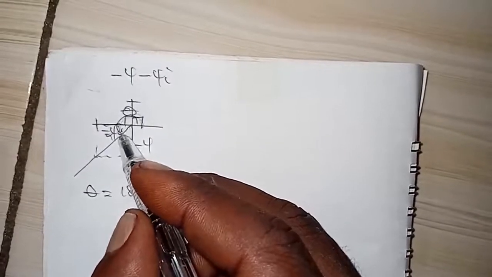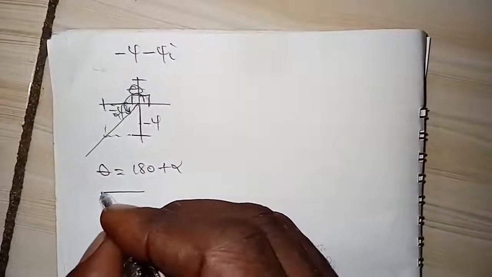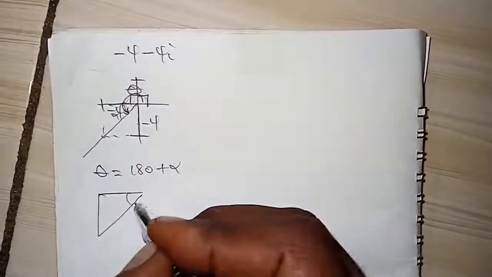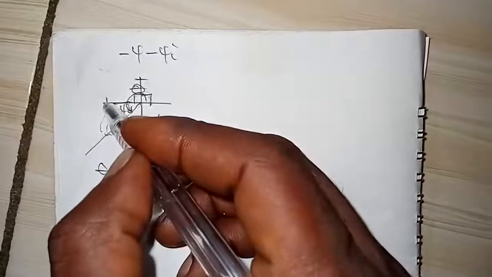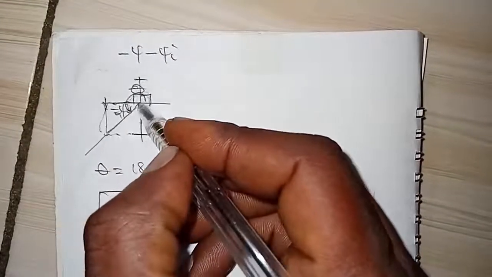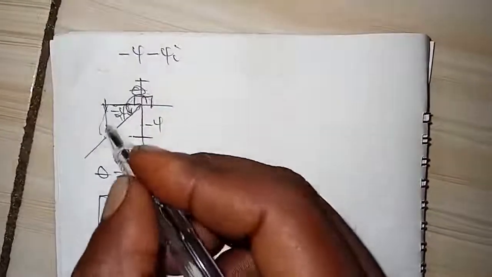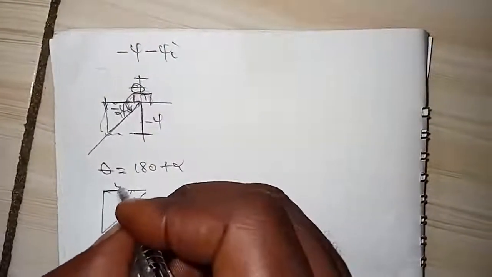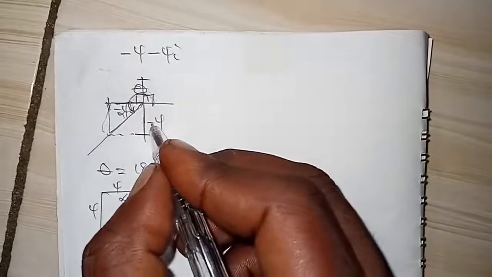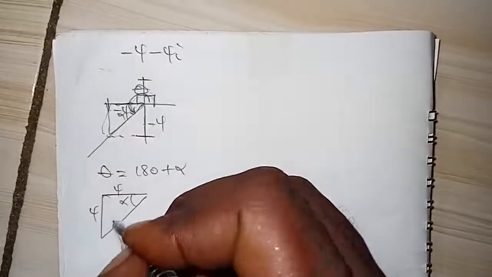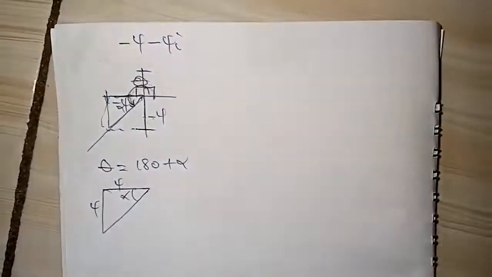So for us to get alpha, let's put a sketch. Here is alpha, and we just brought out this angle. Here is 4, here is 4. That minus is just the direction for us to locate the quadrant where it is.